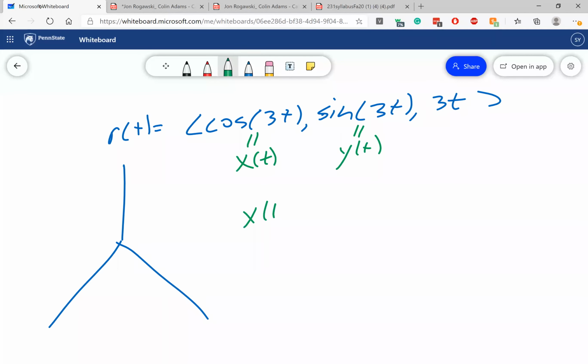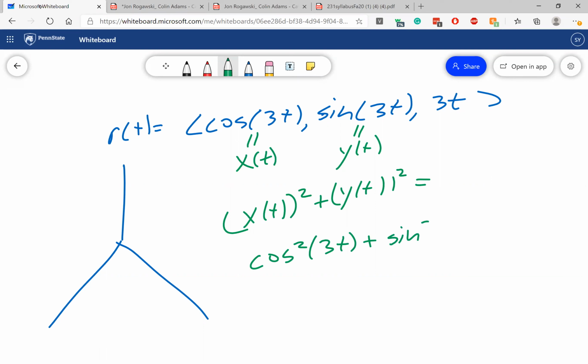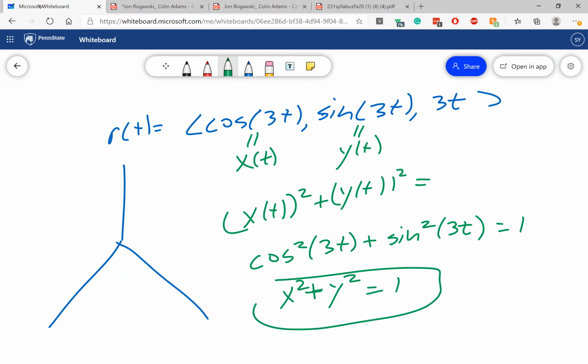So x of t squared plus y of t squared is equal to cosine squared of 3t plus sine squared of 3t, and this is equal to 1, which gives the restriction x squared plus y squared is equal to 1, which is a circle. So if you don't look at the z direction, we get a circle. But if you include the z direction, then you get a helix.